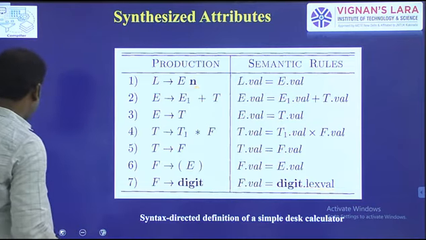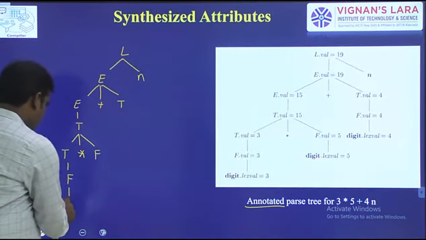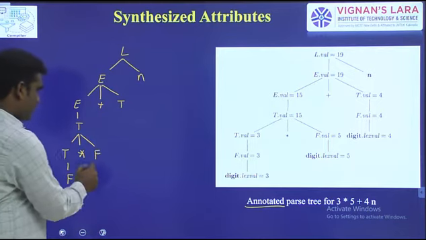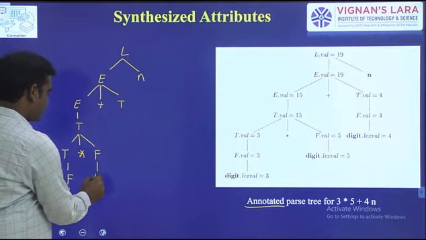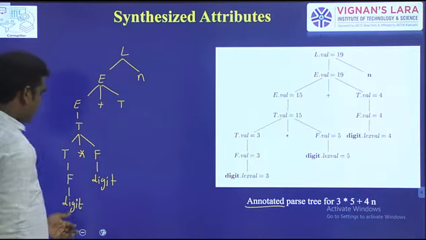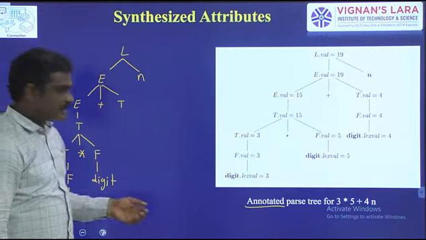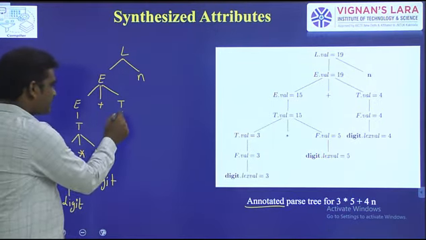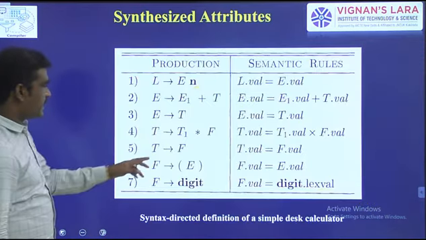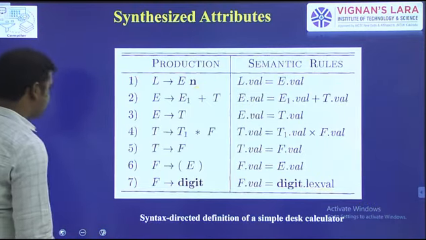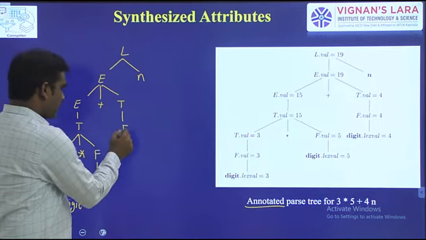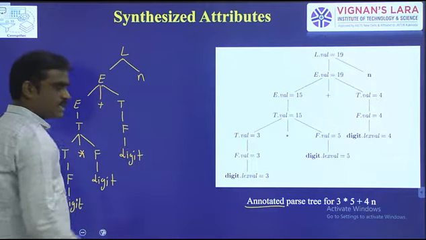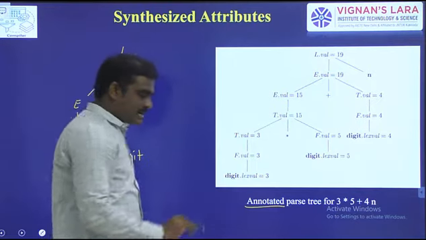So F to digit. For example, digit star digit, plus T. Again T means take F. Again, what is F? Digit. So this is the parse tree.